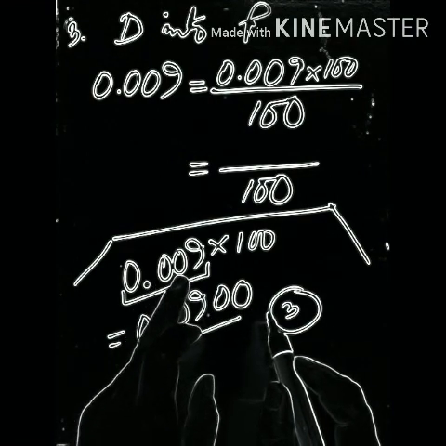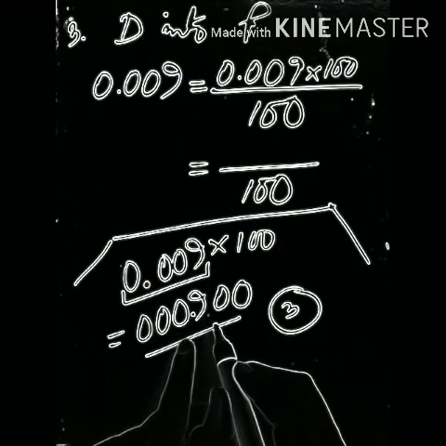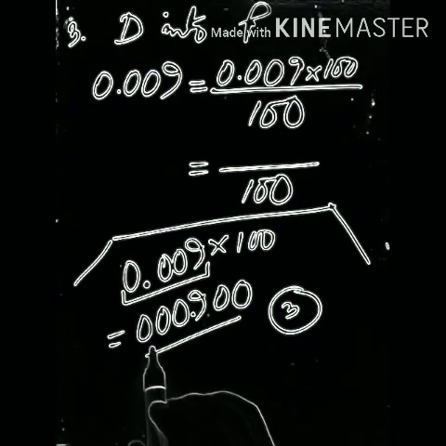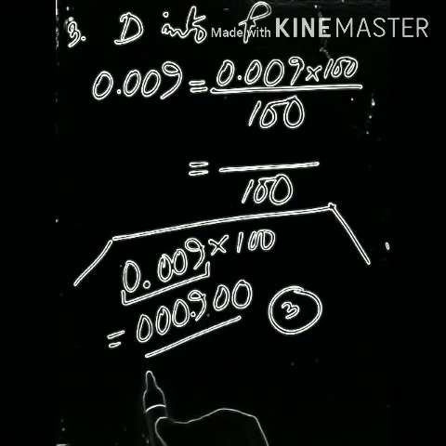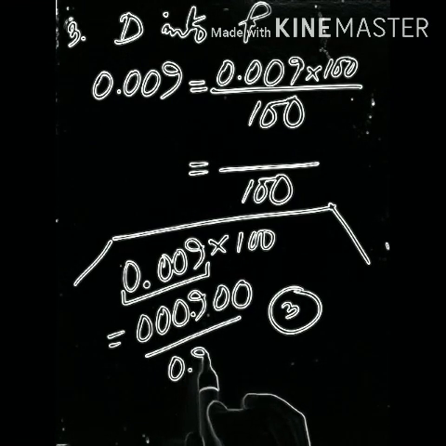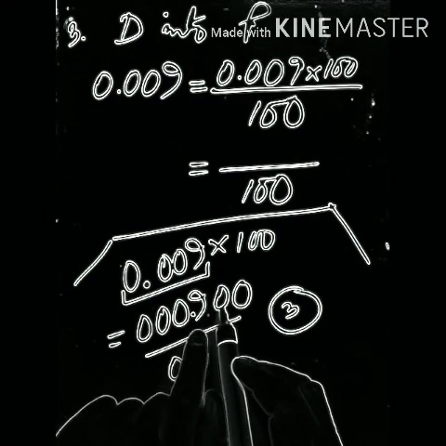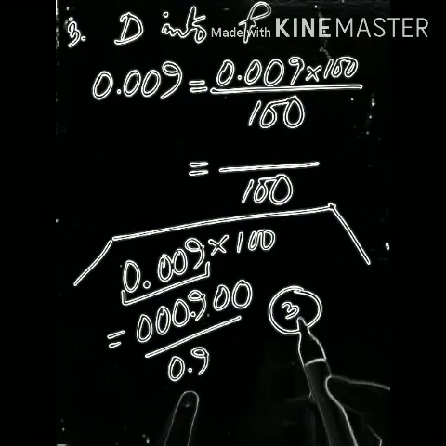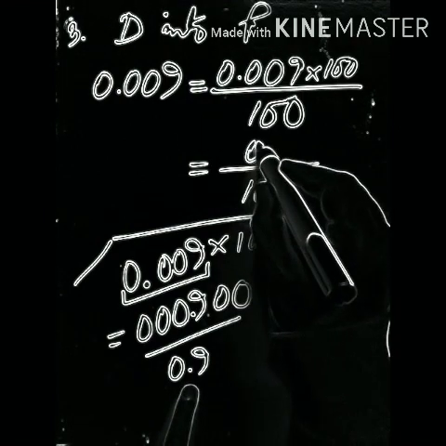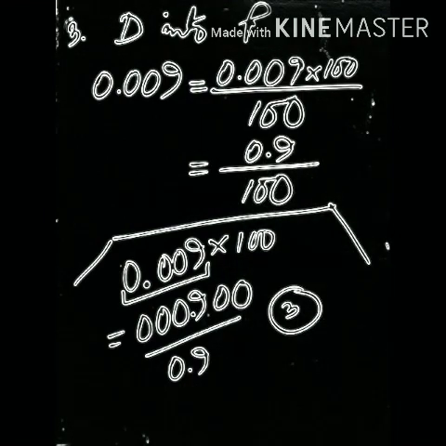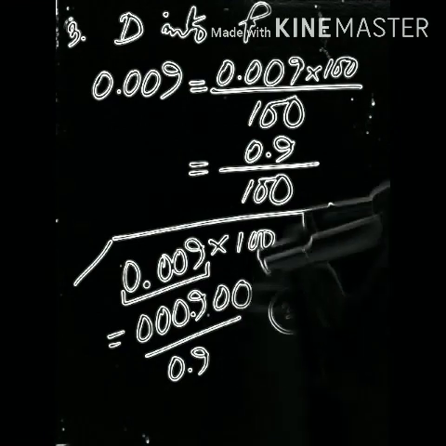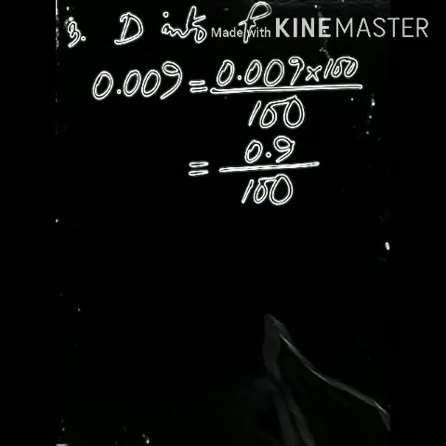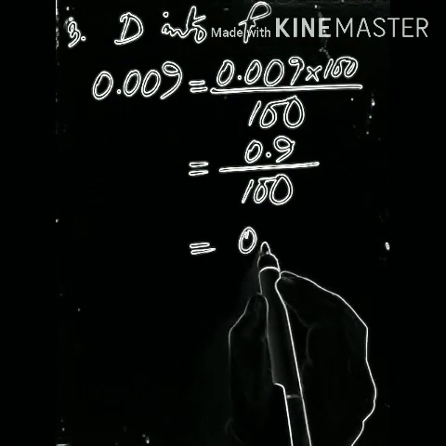Here 1, 2, 3. That means if I put it here, we'll get 1, 2, 3. So 0.009 means you can just write 0.9. And the last ones are all zeros, so you can just leave them, nothing wrong. So here I'm going to write 0.9. So 0.9 by 100 means we can write 0.9%.